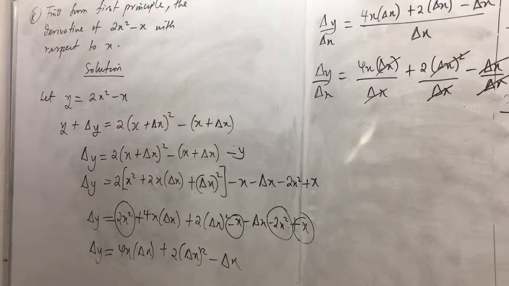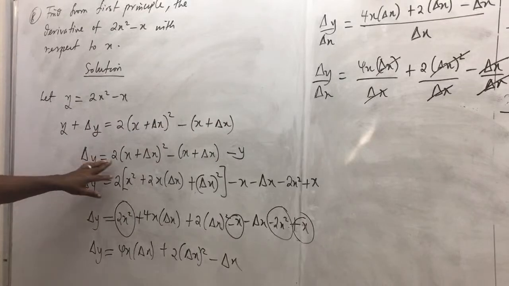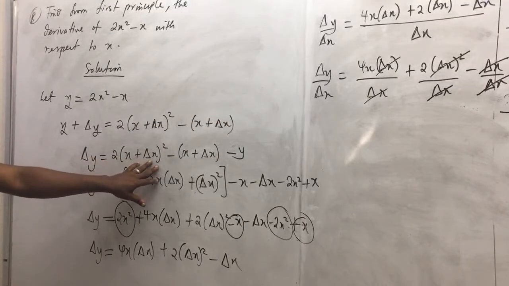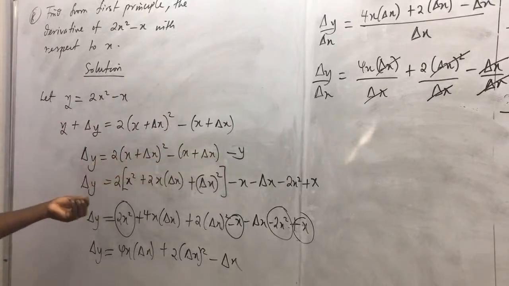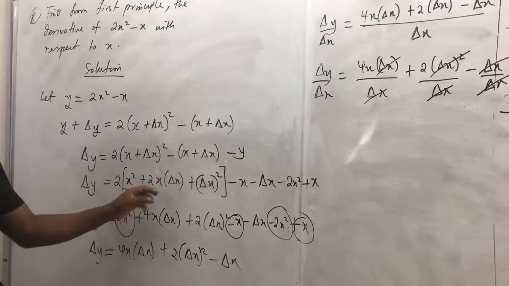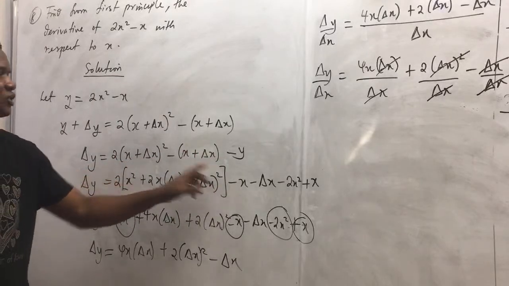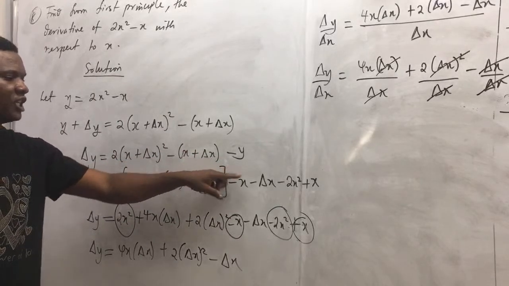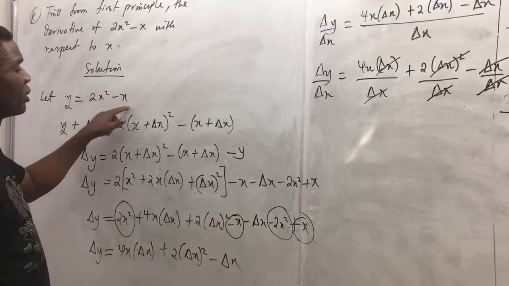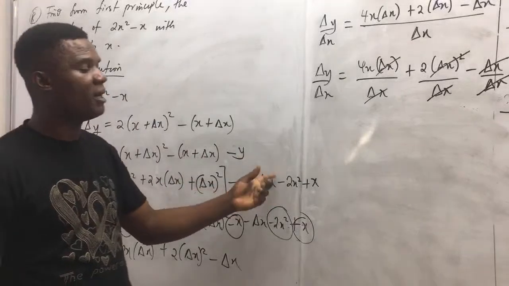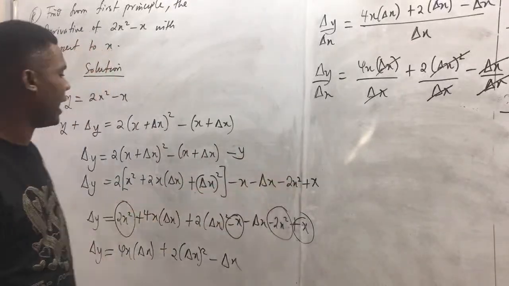Now, we went further to making change in y the subject of formula, and we got this, where y came over to become minus y, and this when expanded gave us this minus x minus change in x, then minus what y is. Take note, y is 2x squared minus x, so minus y will become minus 2x squared plus x.